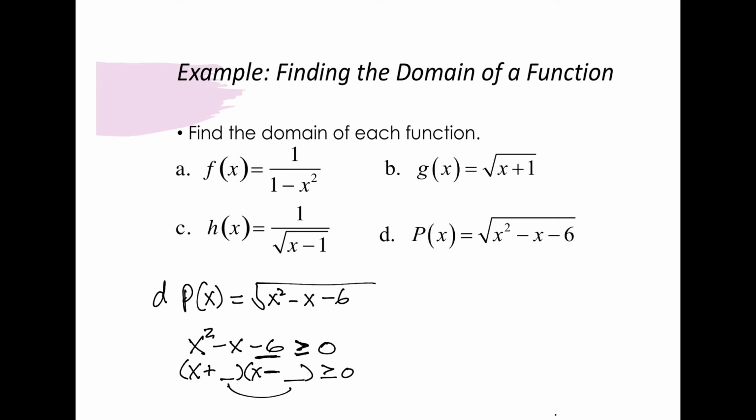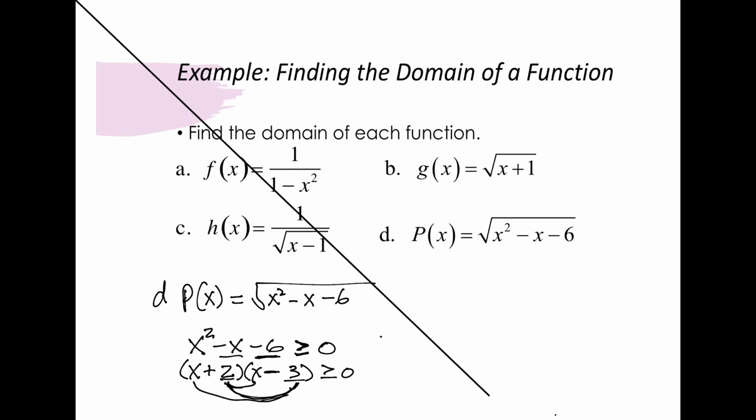And I also want their sum to be equal to negative 1. And so we look at negative 3 and positive 2. Positive 2 and negative 3x give me negative 1x. And then the product of positive 2 and negative 3 is negative 6.